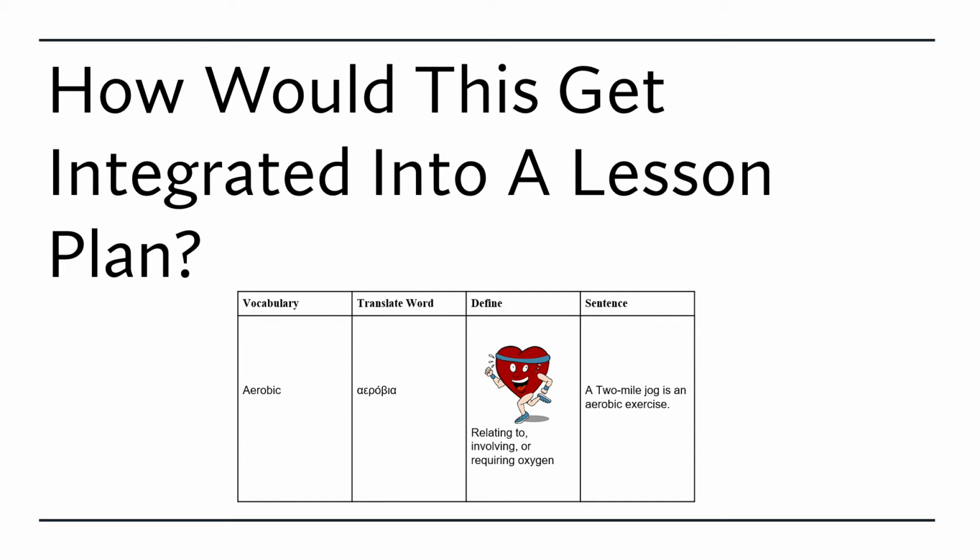And the image that I chose was the heart as it's running, because aerobic means relating to, involving, or requiring oxygen. An exercise that requires oxygen is something that also helps promote the heart. And so the sentence that I used is: a 2-mile jog is an aerobic exercise.